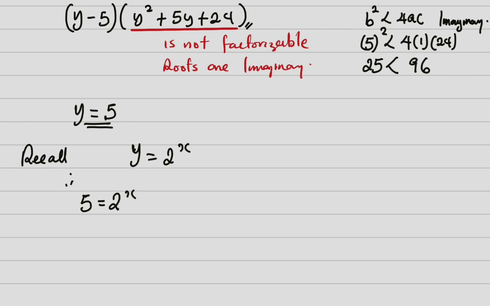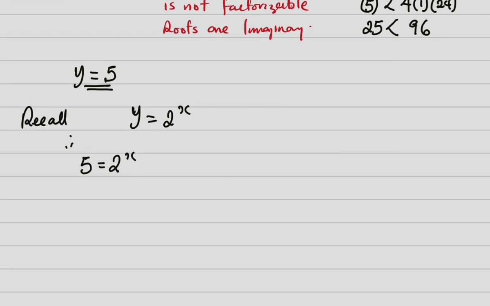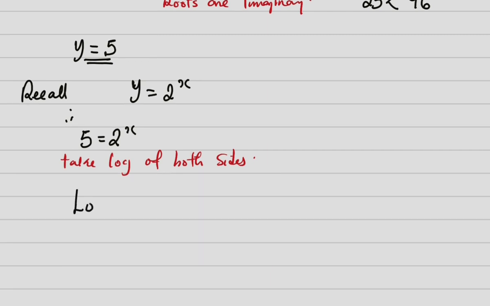Now, to work out this question, we are going to take log of both sides. On doing that, I'm going to have log 5 is equal to log 2 raised to power x. Now, recall this log has a base of 10. So you should take note of that, all right?